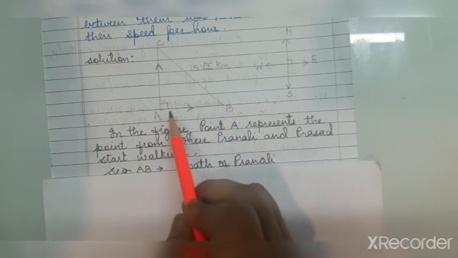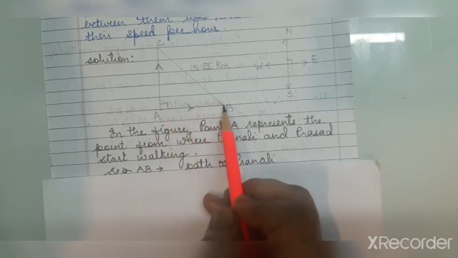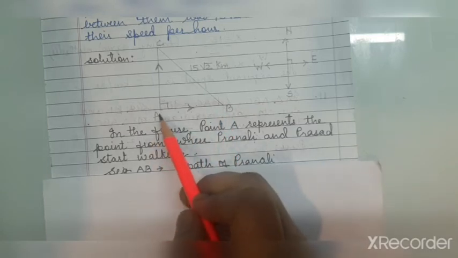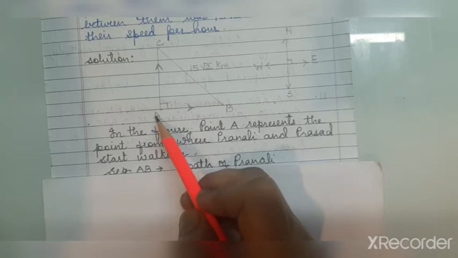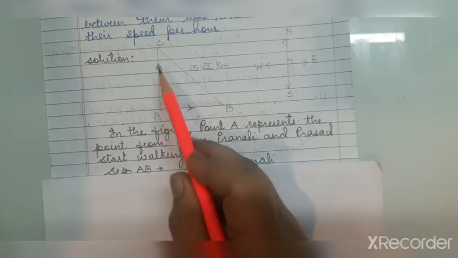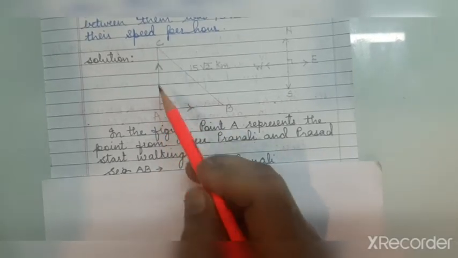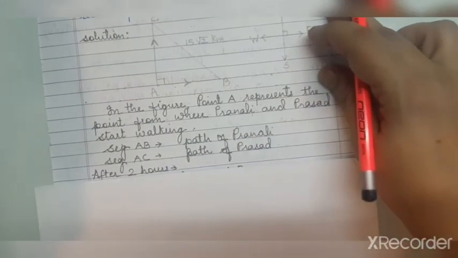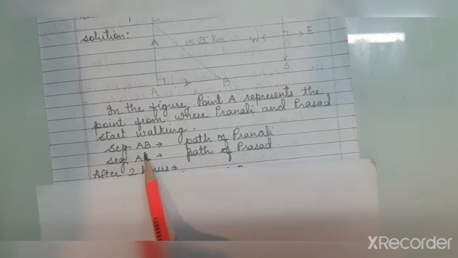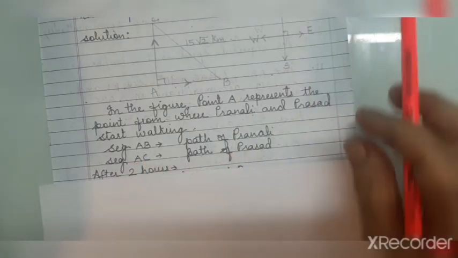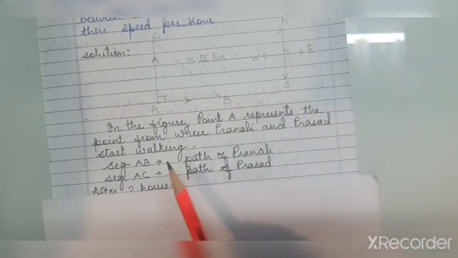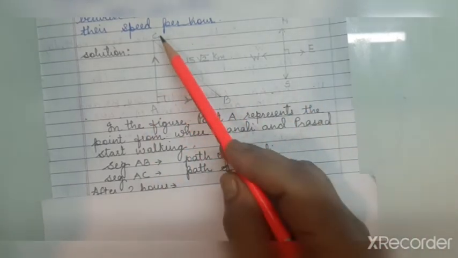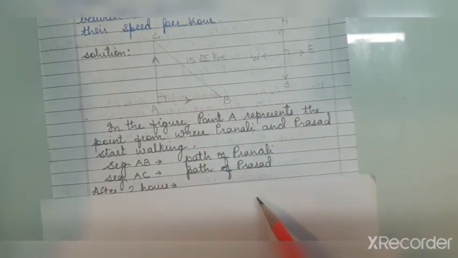So this is the path of Pranali's walk, and it is given in the sum that Prasad walks towards the north. So AC is the path of Prasad. That has to be mentioned. So here we will write segment AB is the path of Pranali, and segment AC is the path of Prasad.